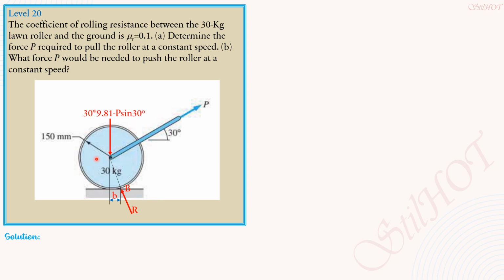And the horizontal component of the force acting at the center of the wheel that pulls the wheel rightward is P cosine of 30 degrees, as shown in the figure. Then we will compute this exactly or approximately.